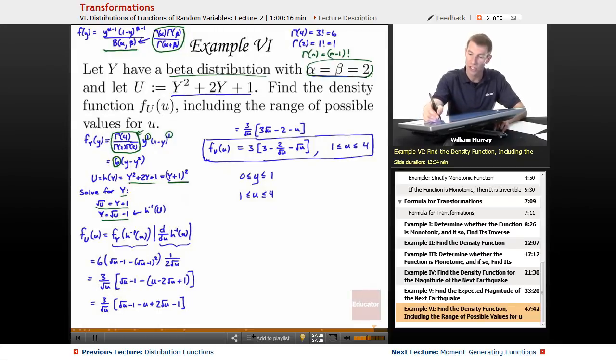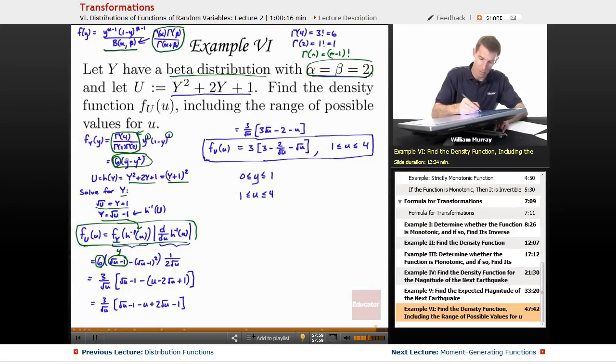So this is the generic transformation formula that I gave you on the introductory slides to this lecture. I dropped the h inverse of u in here, but that was in f of y, so I plugged it in here. That's where I got my 6. This right here is y, and this right here is y squared.